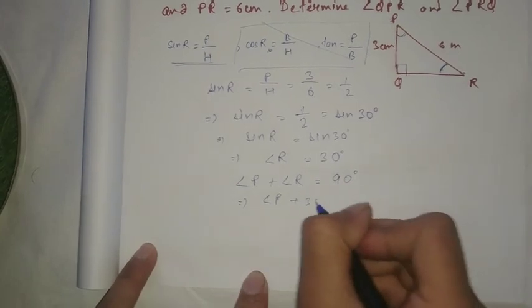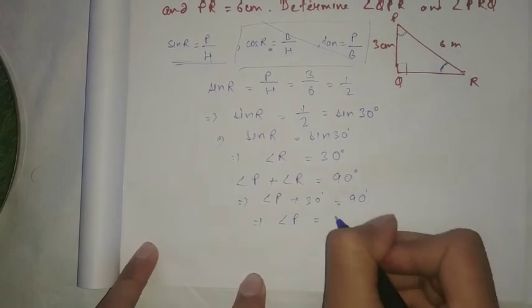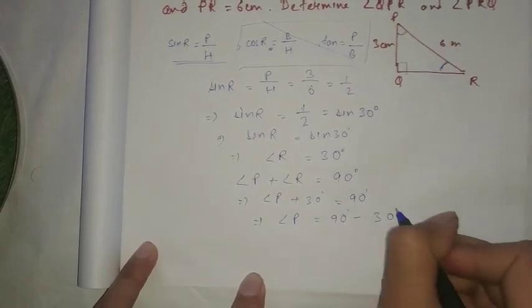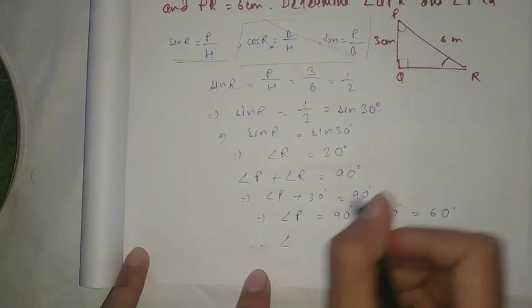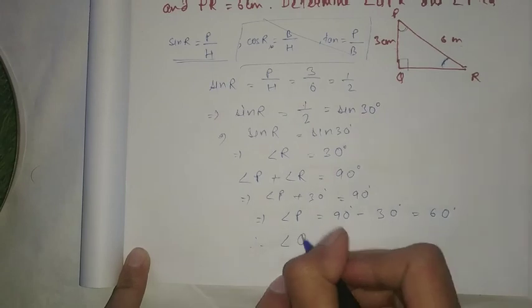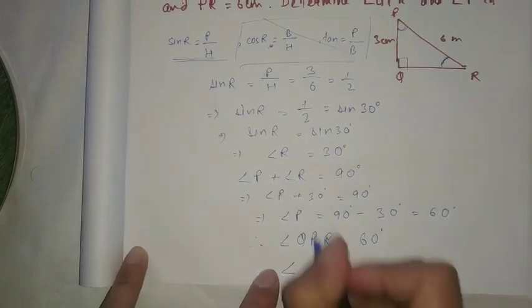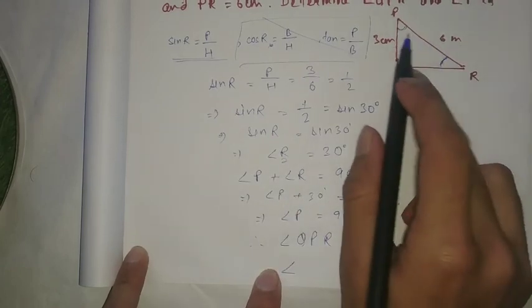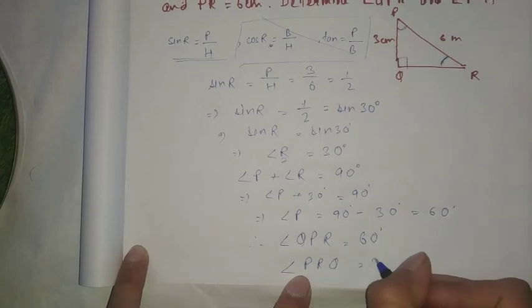So we can easily find angle P, which comes out to be 90 degree minus 30 degree, 60 degree. Therefore angle P, or angle QPR, is 60 degree, and angle R, or angle PRQ, is 30 degree.